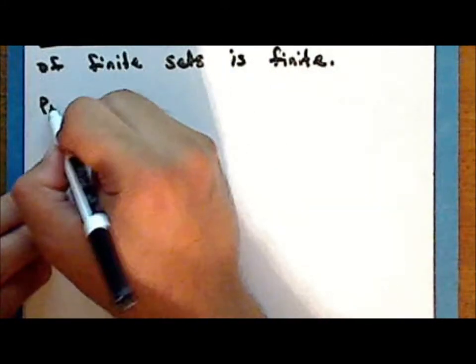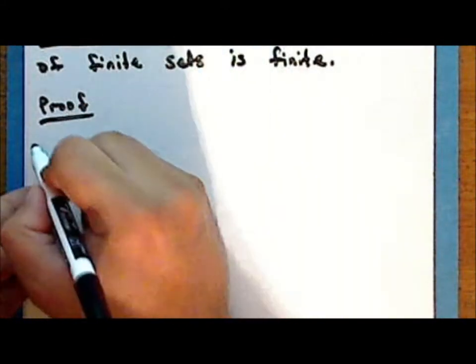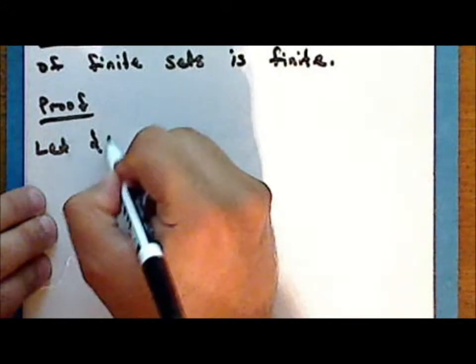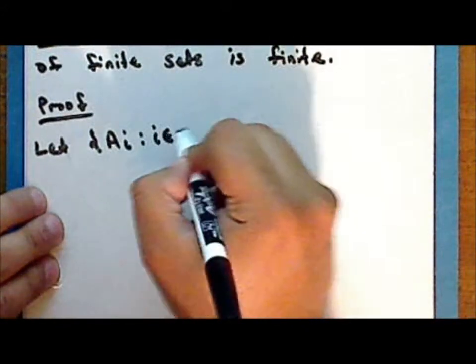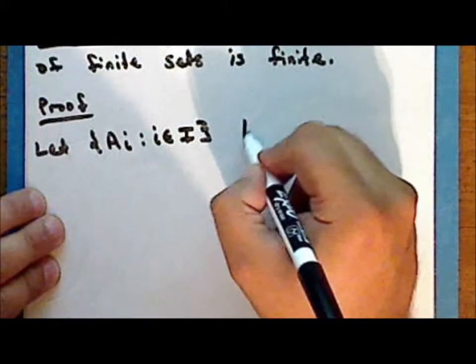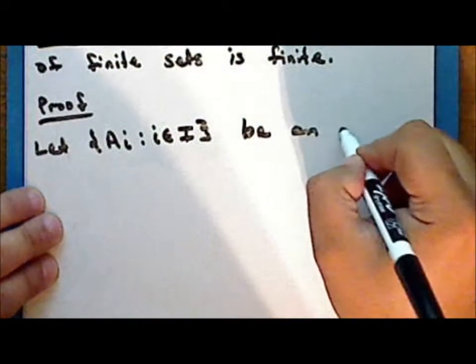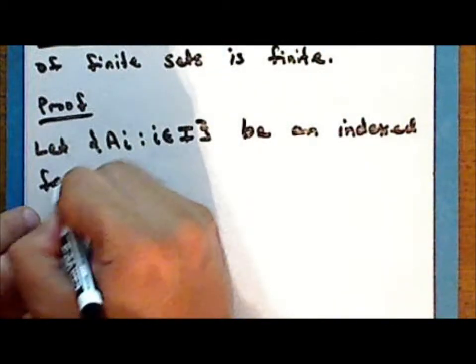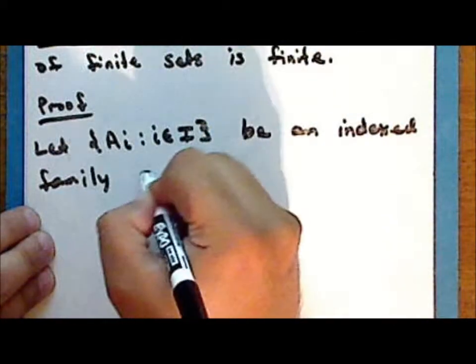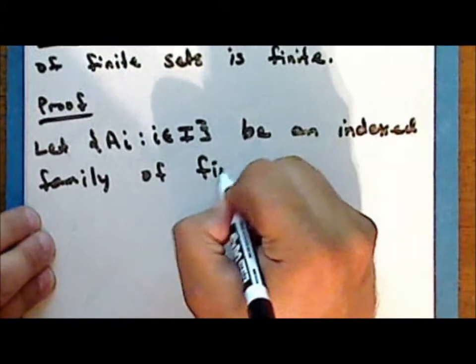So proof. Let the set containing A sub I for I in some indexing set I be an indexed family of finite sets.